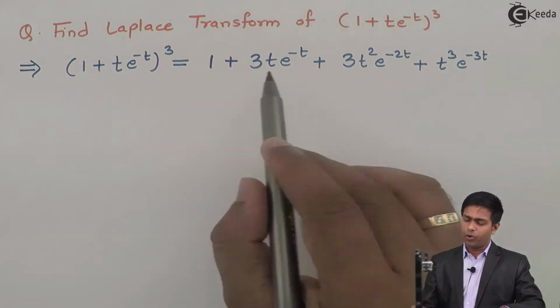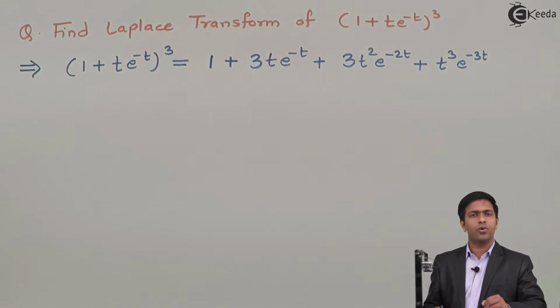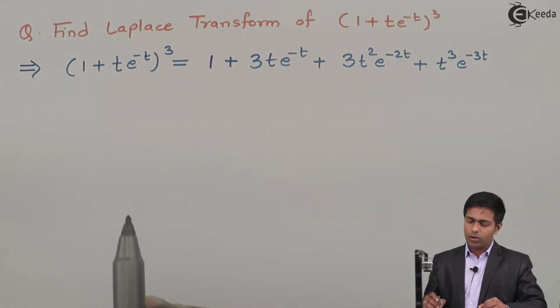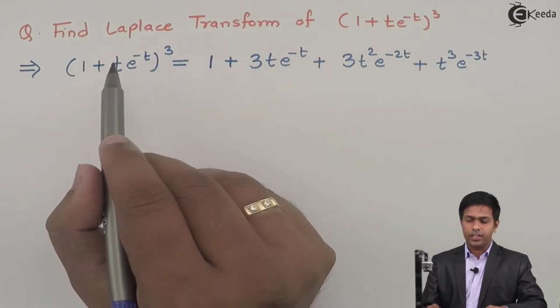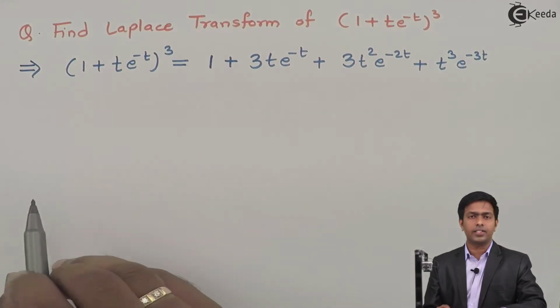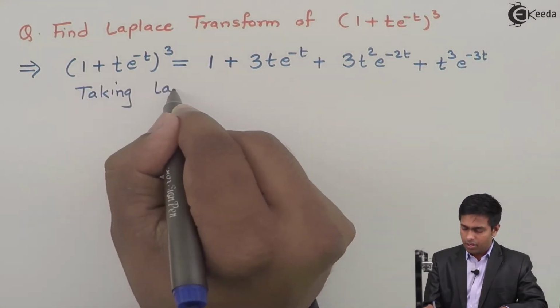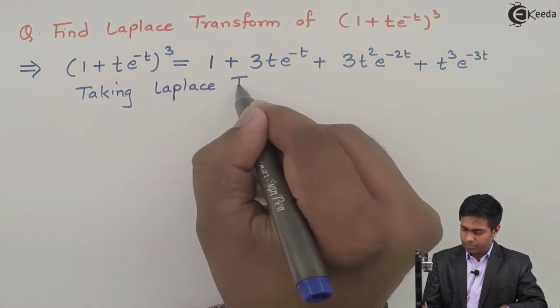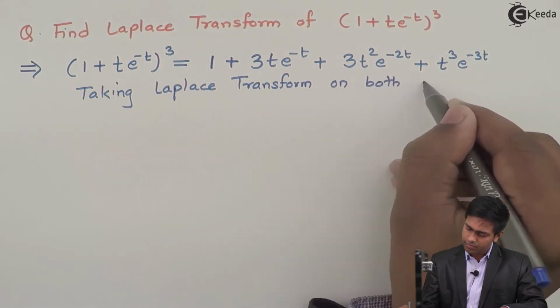So now we got 4 terms by the expansion of this by using the formula (a plus b) the whole cube. Now to get the Laplace of this term, instead of this we'll take Laplace of right hand side, because right hand side is equal to this left hand side. So here I'll say taking Laplace transform on both sides.